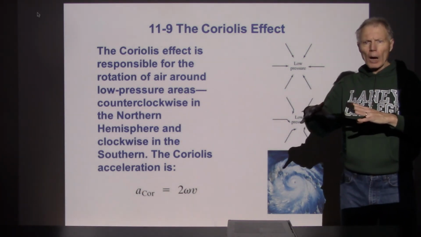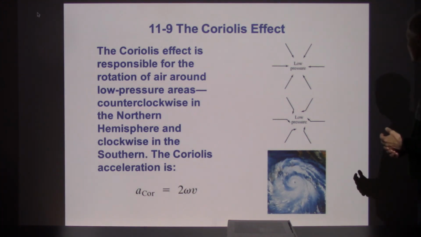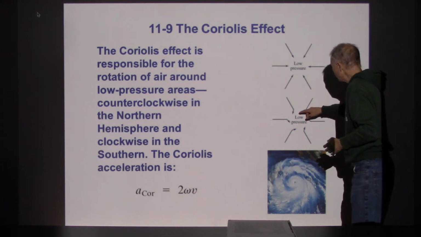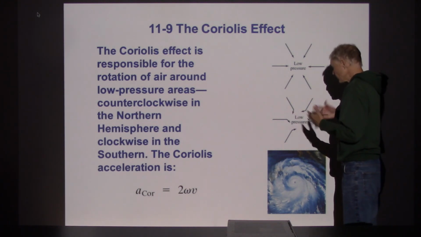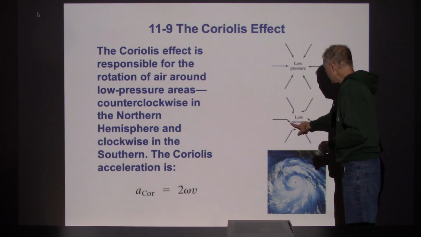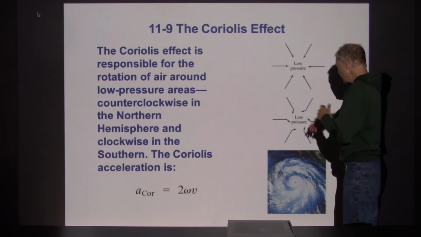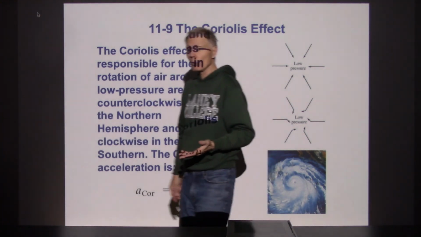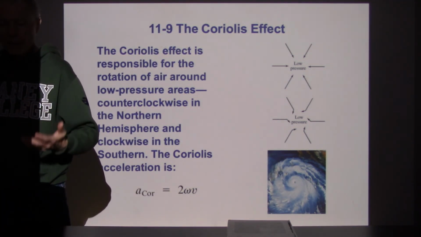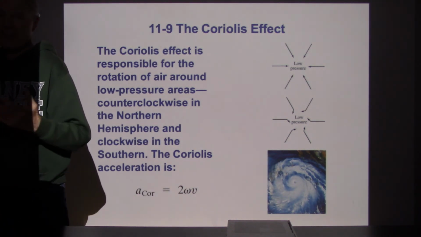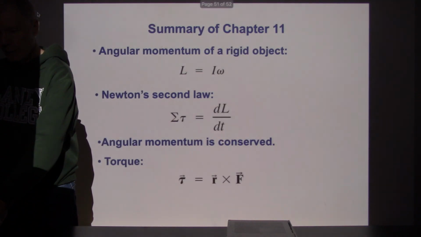The Earth below is a rotating platform. And so in terms of the coordinates relative to the Earth, there is a curve that occurs, and so you build up angular momentum relative to the Earth itself, and you get the formation of these really powerful storms. Again, the Coriolis acceleration, or the tangential acceleration, is given by 2 omega v.